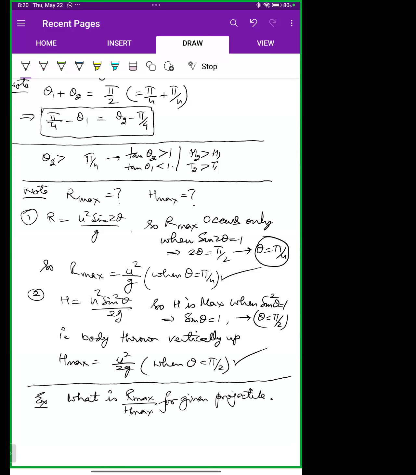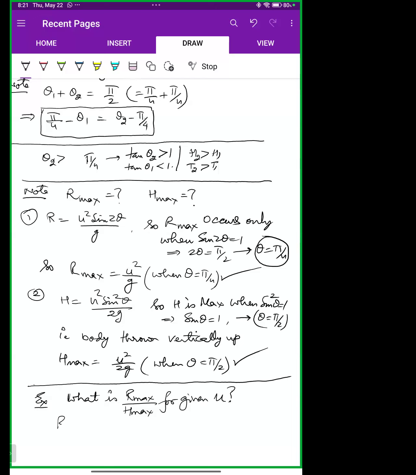They have not given you theta. For a given U, okay. For given U, let me put it, not projectile, but for given U. What should be your answer? Sir, it should be 2, right? Yes, it should be 2.